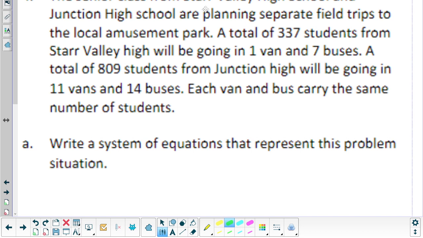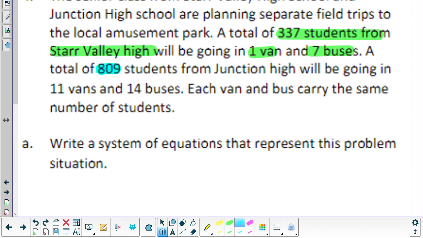So the senior class from Star Valley High School and Junction High School, so that's 2 high schools, shows me that there's going to be 2 equations, are planning separate field trips to the local amusement park. A total of 337 students from Star Valley will be going in 1 van and 7 buses, okay?